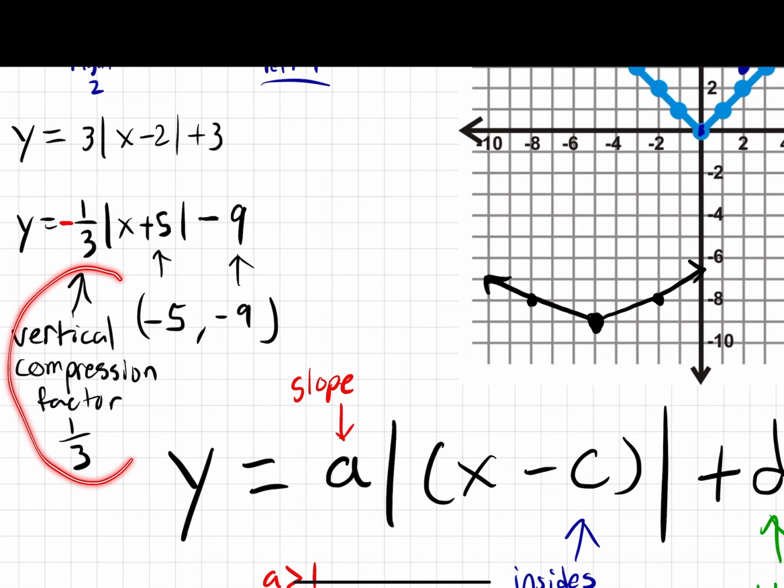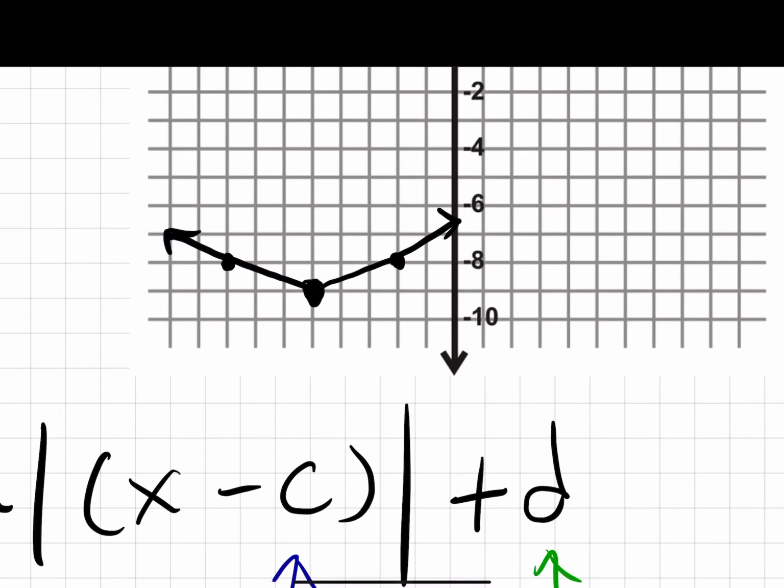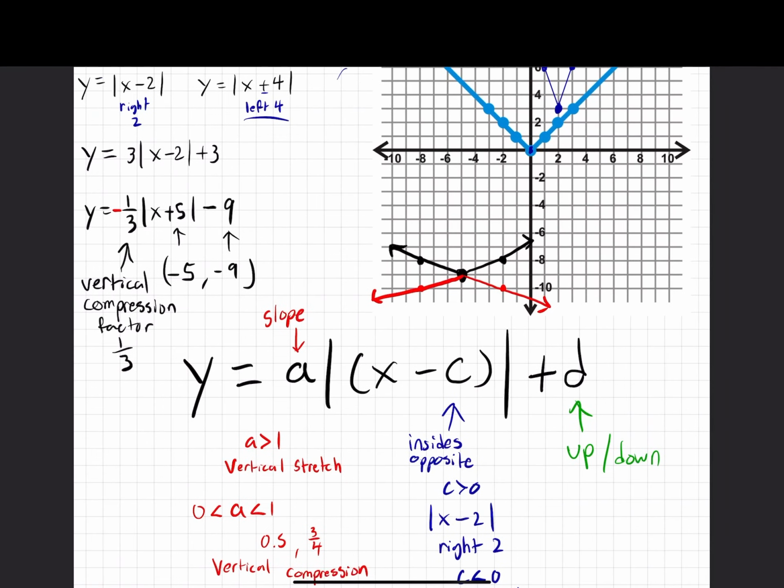The only difference is the vertical compression factor 1/3 is just going to be going down in the negative direction. So down 1 over 3, down 1 over 3. That would give me, strictly speaking, still a vertical compression of factor 1/3. We've just added on one new transformation, which is that we have a reflection across the x-axis.